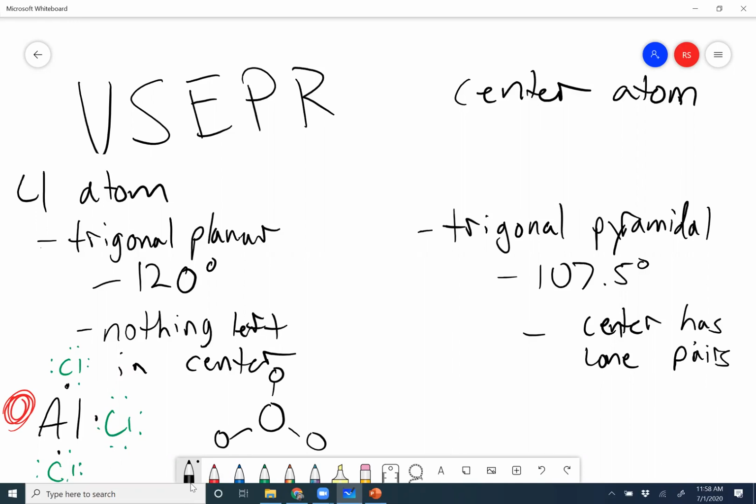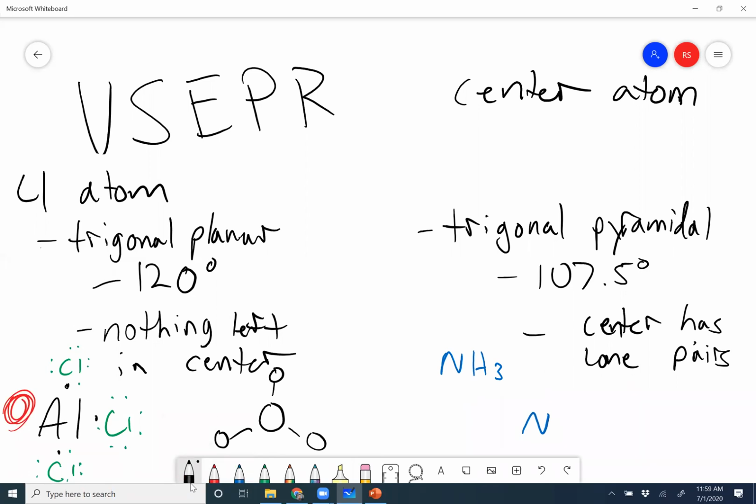So 4-atom molecules, center atom has nothing left. That will result in trigonal planar. So for trigonal pyramidal, let's say, for instance, we have ammonia. Nitrogen is our center atom here.